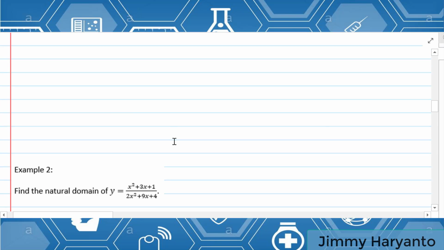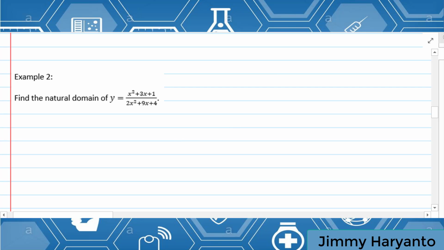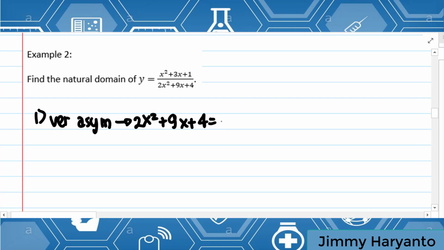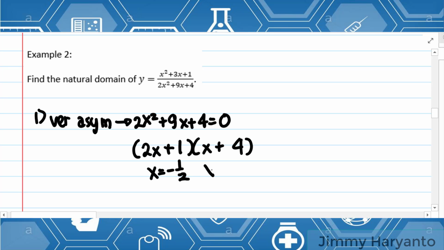Next one is example 2, find the natural domain of this one. First, remember we only have to find the vertical asymptotes by making the denominator equal to 0. So you'll get 2x plus 4 equals 0 factorized, x equals negative half, x equals negative 4.